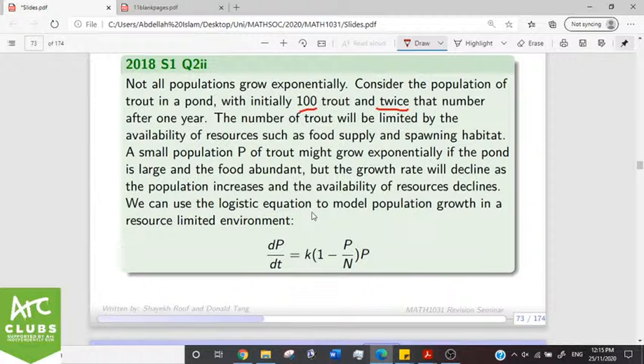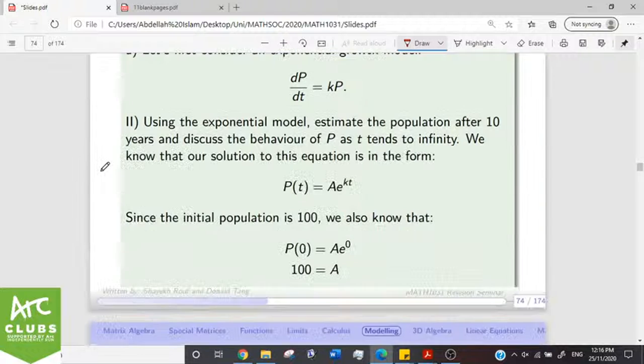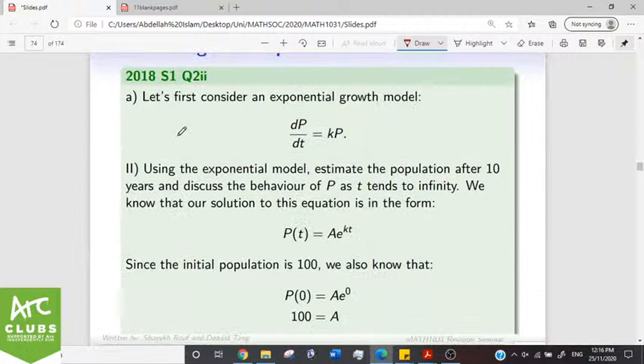The population of the trout might grow exponentially if the pond is large, but the growth rate is going to get smaller and smaller as the population increases. You can model this like this, and this was given in the paper, by the way. This is from the 2018 paper. They gave you this equation to model your growth rate, and what they've asked you is to do these things.